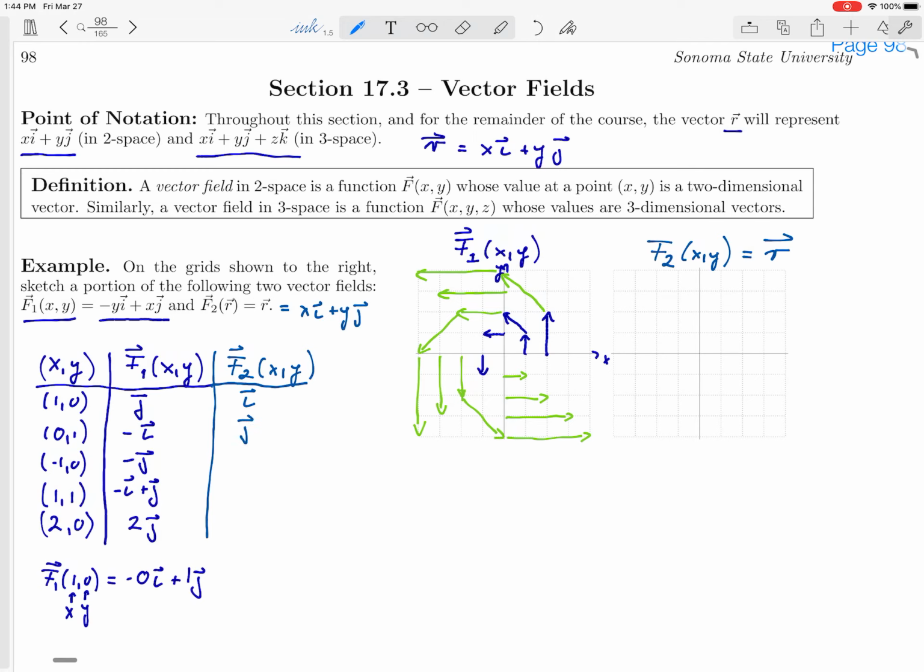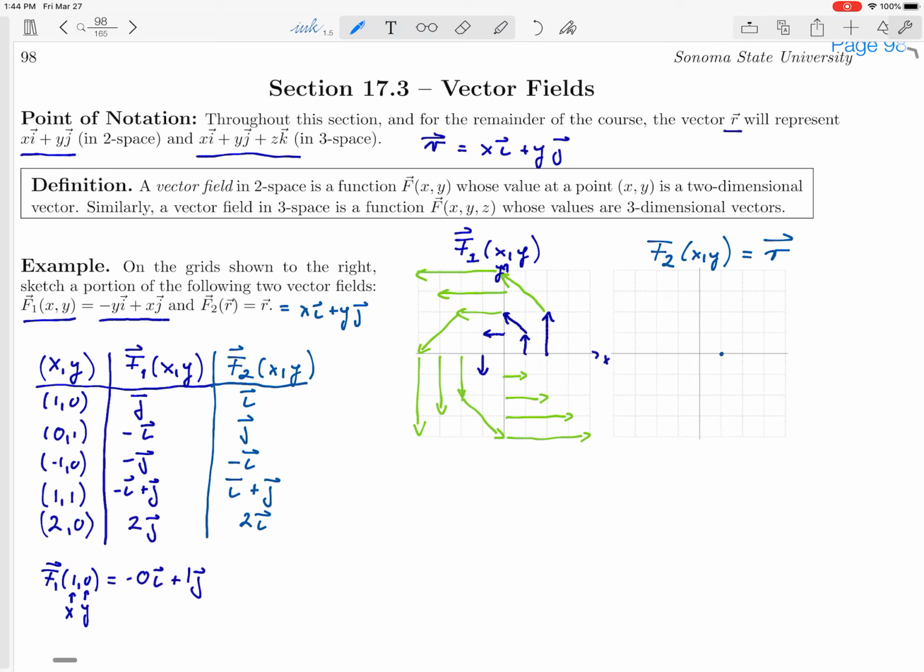So I'm doing this for F2. When we plug in 0, 1, we're getting j. When we're plugging in minus 1, 0, we're getting minus i. We're getting i plus j at 1, 1, and we're getting 2i at 2, 0.